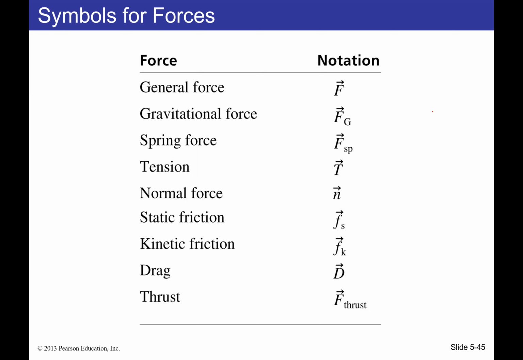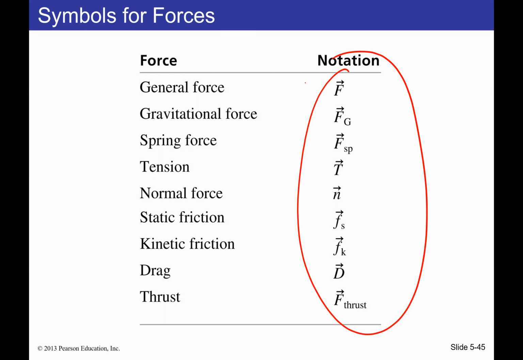Like on the exam, when I'm looking at your diagram, I can understand which force you are talking about, which direction, and so on. Labeling them using this notation makes diagrams much easier to read, much cleaner, and easier for me to grade later on. So make sure that you learn these notations and use them on your diagrams.